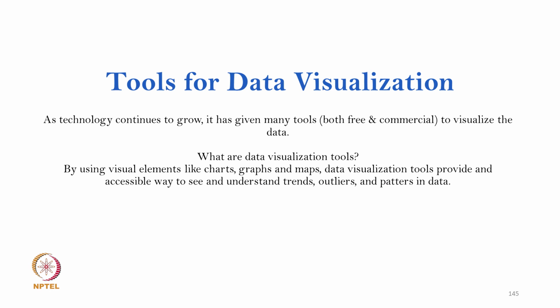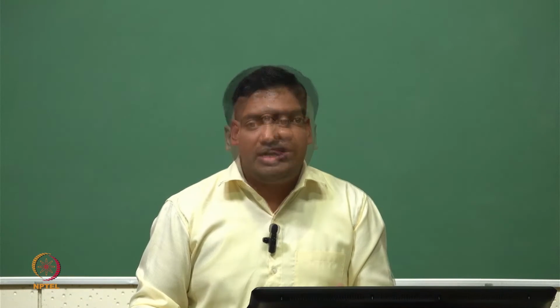We have seen the types of data visualizations right from the beginning. Now we can look at the tools for data visualization. For creating various types of data visualizations, we should have knowledge of using the tools. There are a number of tools on both commercial and open access platforms.